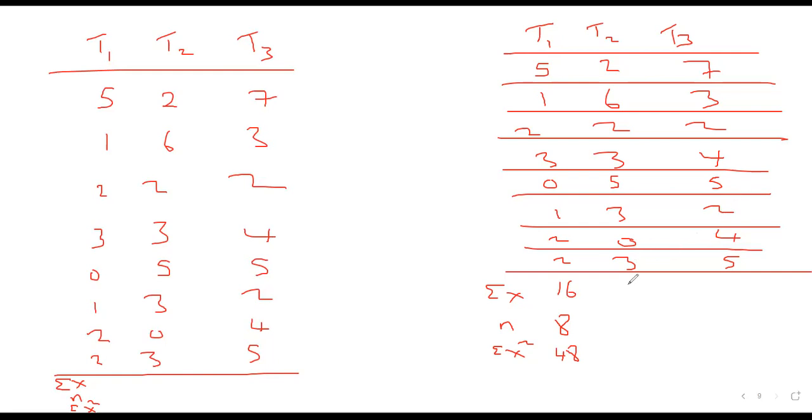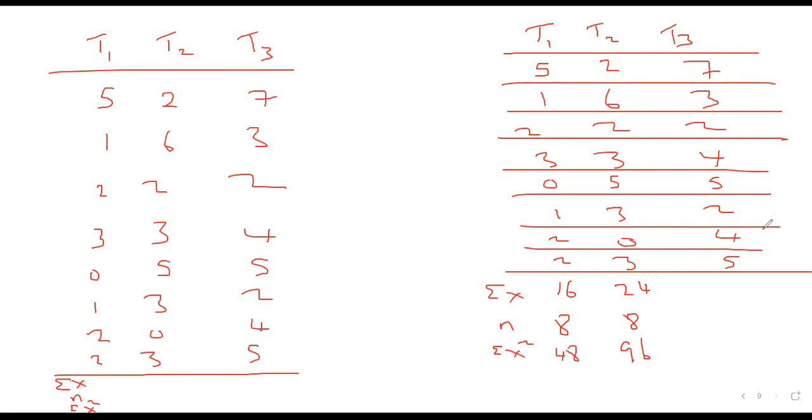In total up here, we're going to get 24. How many are they? There are 8. Then we're squaring them individually. 2 squared plus 6 squared plus 2 squared plus 3 squared plus 5 squared plus 3 squared plus 0 squared plus 3 squared. You square them here, you're going to get 96.